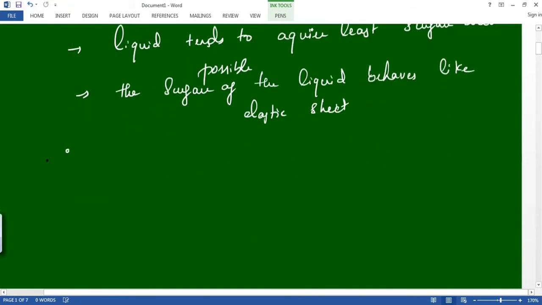One more point is that surface tension is a physical property.